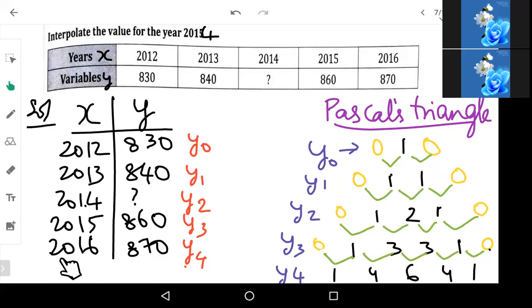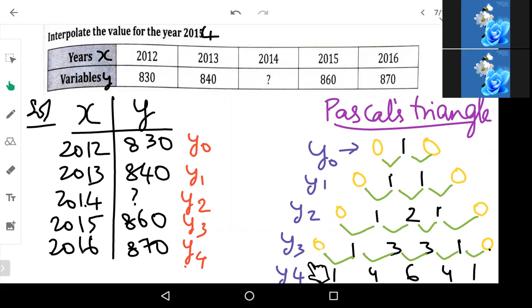If you have 2017 data, you should again assume 0 here and add the numbers. So that is the Pascal triangle. Now y4, same level. From y0 to y4, we have data, and from y0 to y4, we have the Pascal triangle.